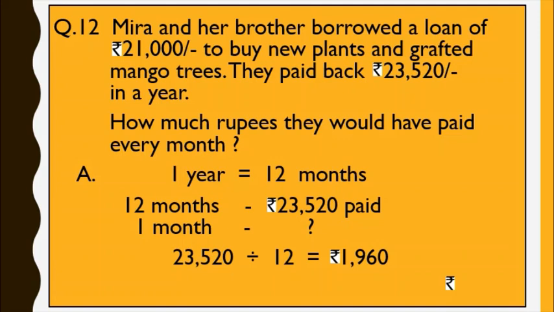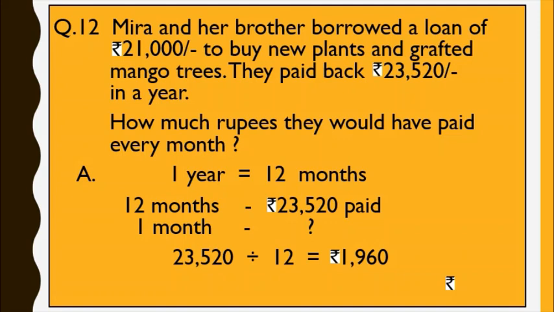As it is given in the sums that Meera and her brother paid 23,520 rupees in 1 year. That is 1 year is 12 months. So in 12 months they both paid rupees 23,520 in the bank. Then in 1 month how much money she might have paid? So here also cross multiply and divide.